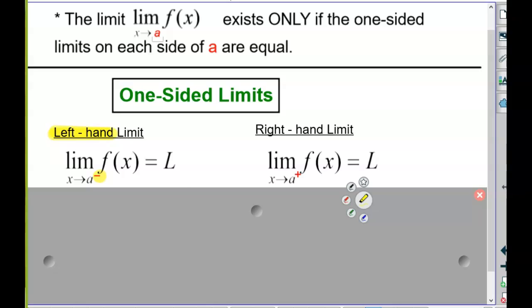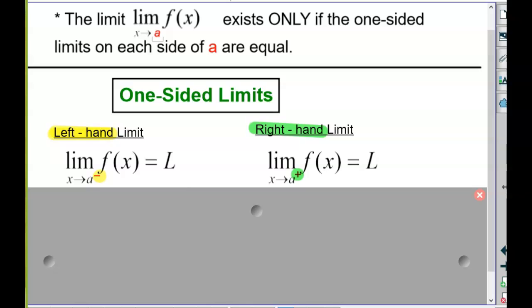And then, if they switch it on us, and they put a little plus up there, we're going to do a right-hand side. And notice, it doesn't tell us the sign value of a. A could be negative, so there could be a negative in front of a, or there could be a positive in front of a. But up top, you have to be very careful with what values are present there.